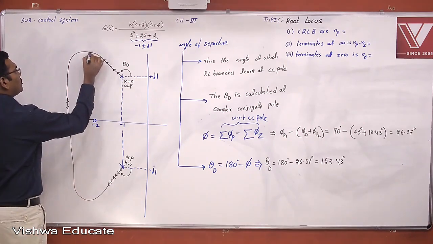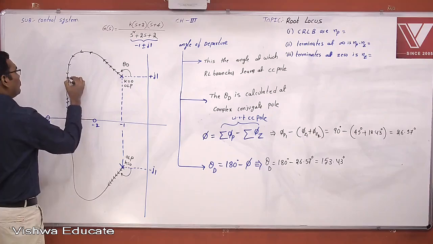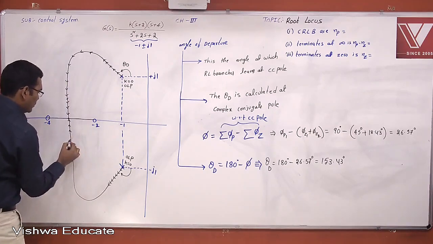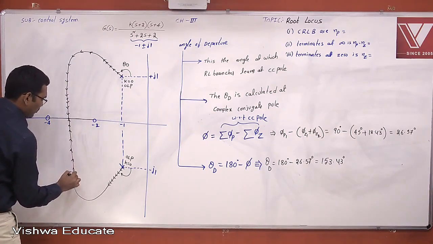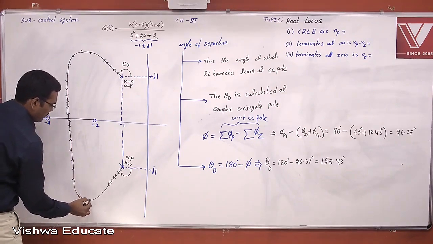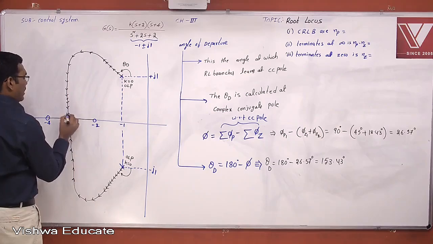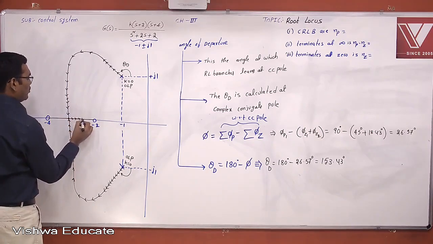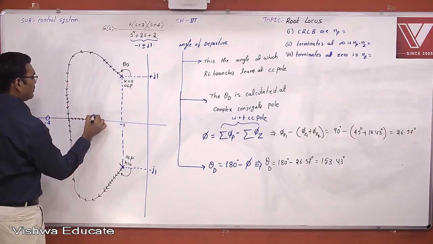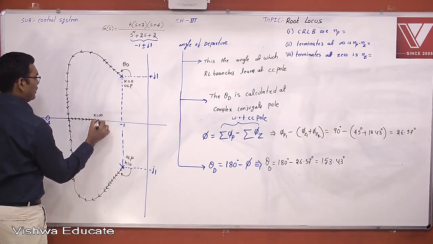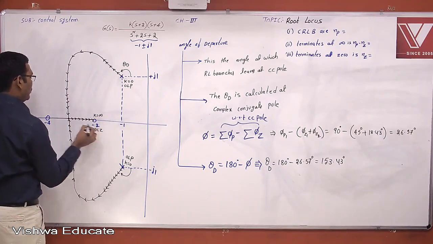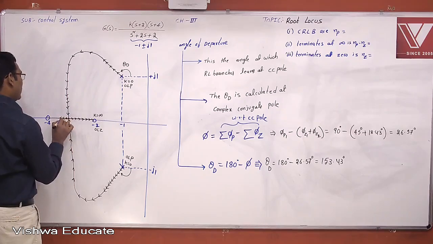As k is changing, the closed loop pole is moving, and it terminates with k equal to infinity, terminating at the open loop zeros.